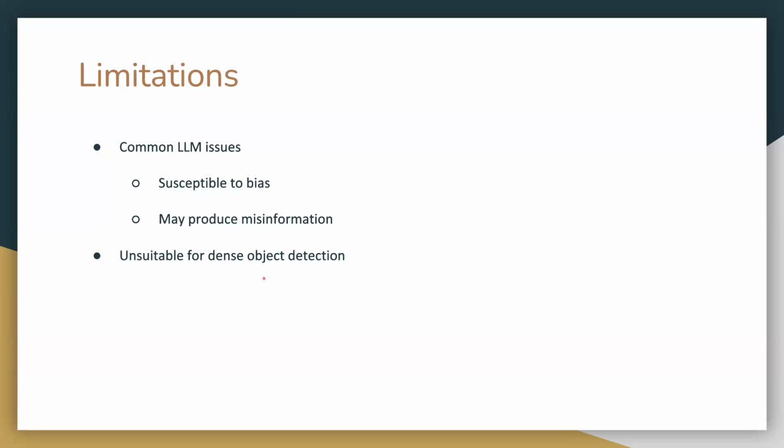Additionally, since we've mentioned that the numerical representation gets encoded as text, if you have a large number of decimal places to that numerical representation or calculating the bounding boxes for a large number of objects, tokenizing that can become computationally expensive. And lastly, the model is not capable of segmentation.